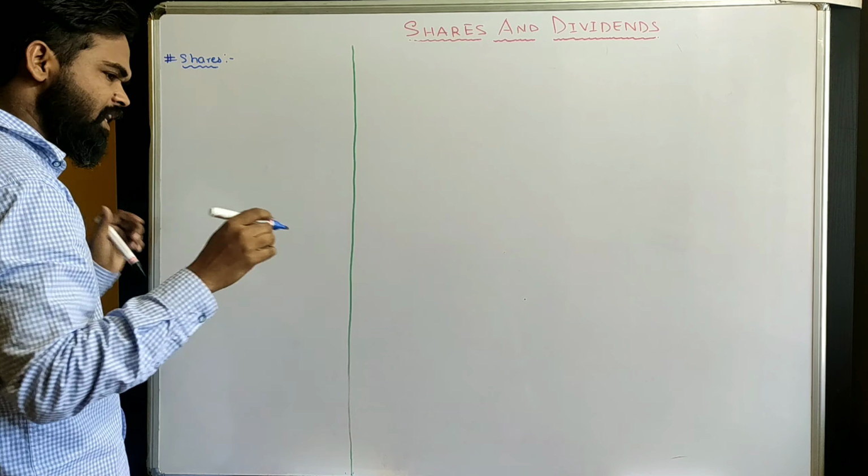So what do you mean by dividend? How can you define dividend? The total profit distributed among the shareholders.